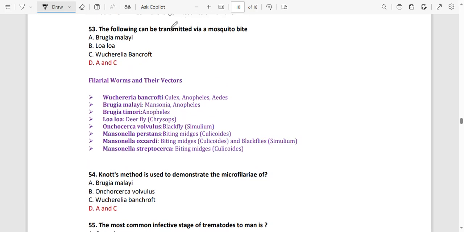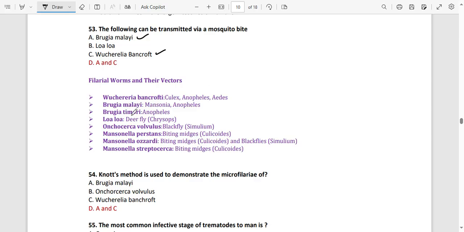The following can be transmitted via mosquito bite: Brugia malayi, Loa loa, Wuchereria bancrofti. So Wuchereria and Brugia malayi can be transmitted. You can see here, these are filarial worms. Wuchereria bancrofti can be transmitted by the Anopheles mosquito, the Aedes, even by the Culex. Brugia malayi can be transmitted by Mansonia, which is also a mosquito.